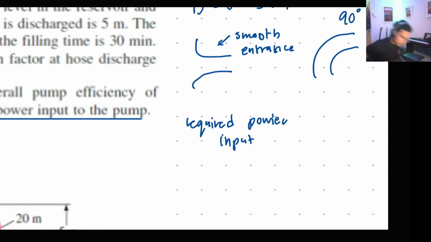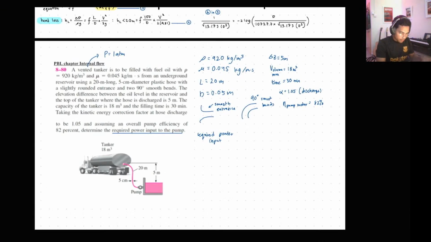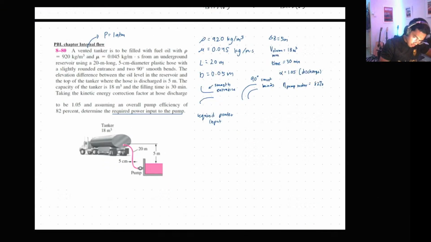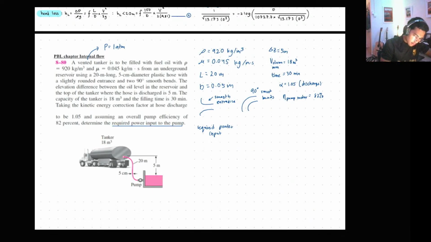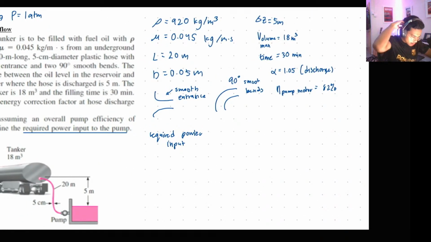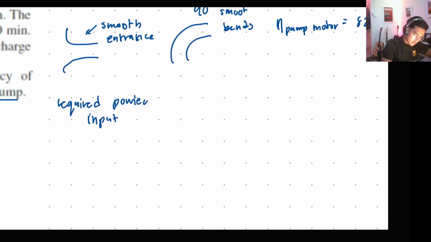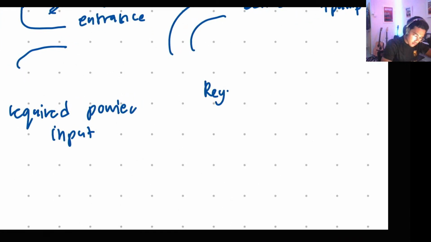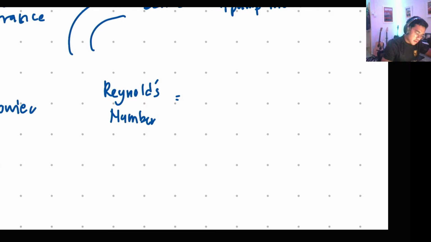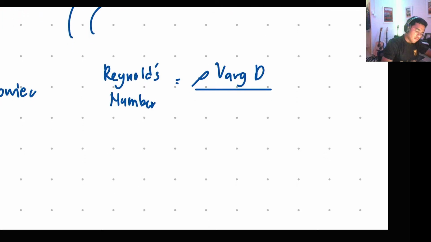Let's see. First, we check whether it is turbulent or laminar. So let's find the Reynolds number, which equals rho V average D over viscosity.